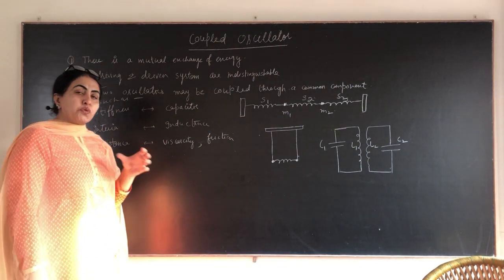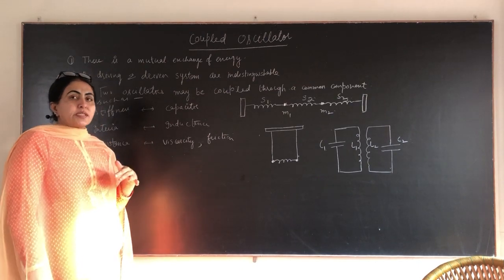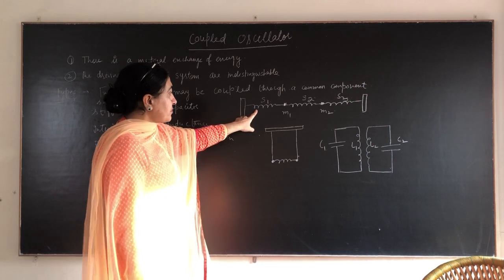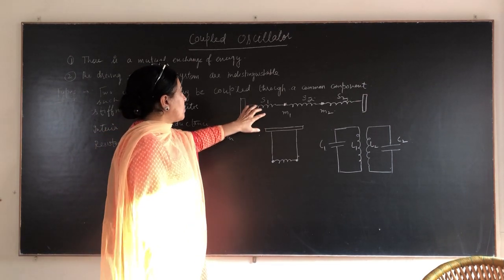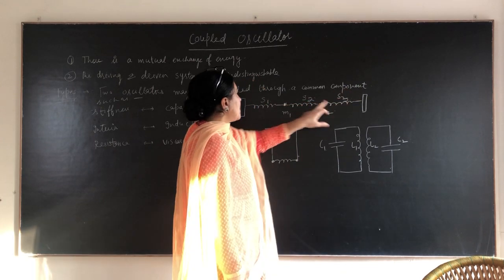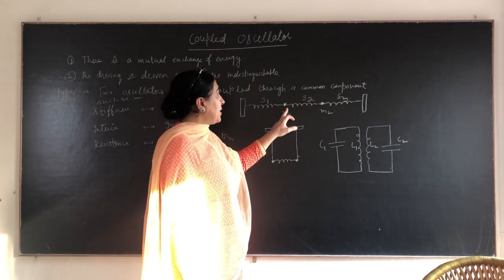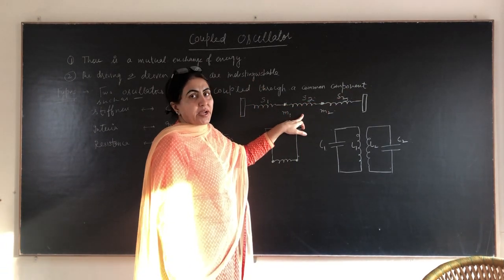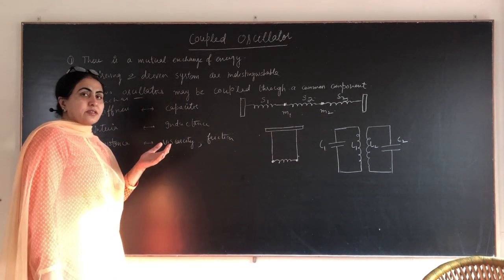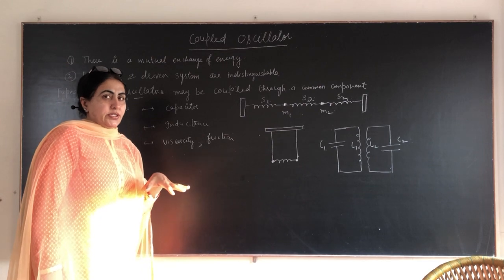When we join two pendulums, two oscillators, with the help of a spring, like this. These are the two. This is a mechanical oscillator, this is a mechanical oscillator, and these two oscillators are coupled together with the help of this spring. So this is a stiffness controlled or stiffness coupled oscillator.